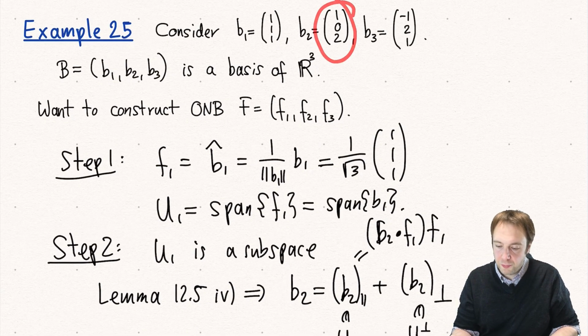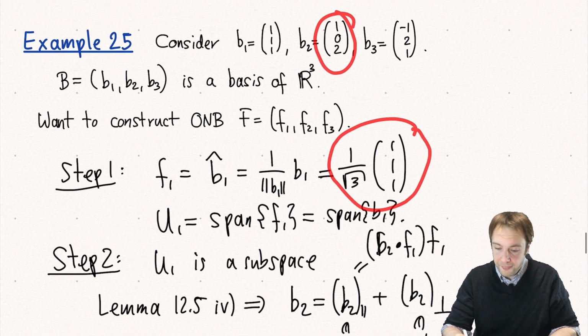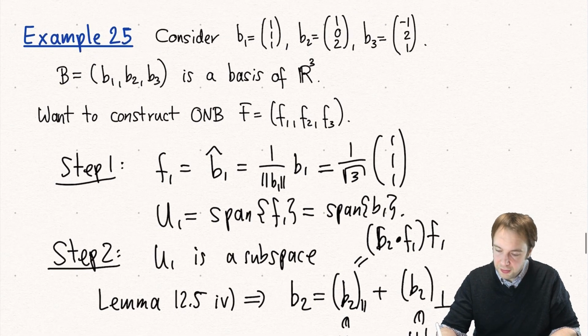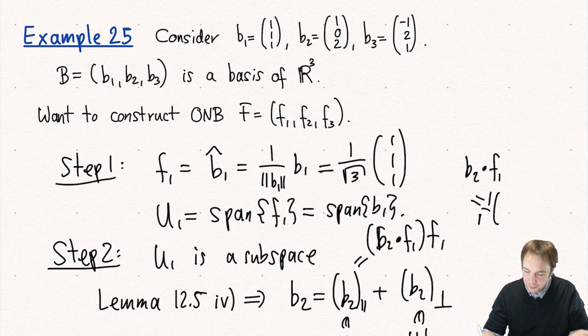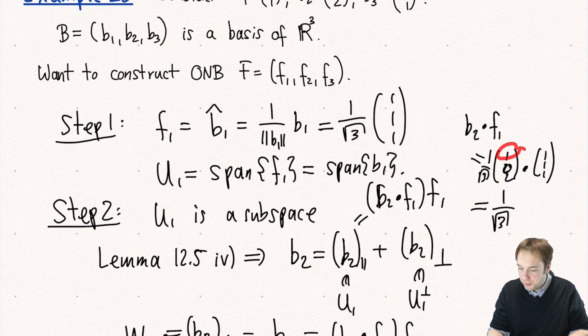We need to take the dot product of this vector with this vector. So I have 1 over square root of 3, and here I have 1, 0, 2 dot product with 1, 1, 1. So this is 1 over square root of 3 times 1 times 1 plus 2 times 1, which is 3.